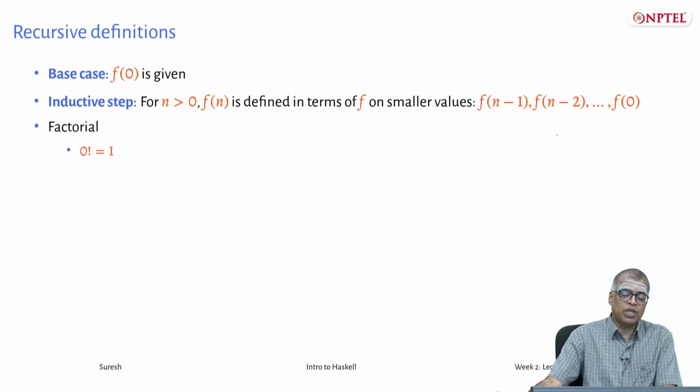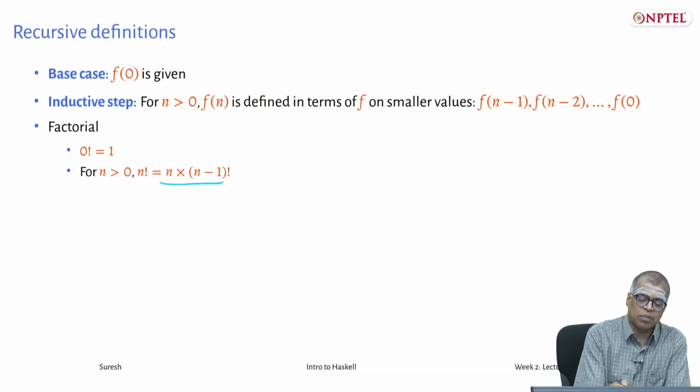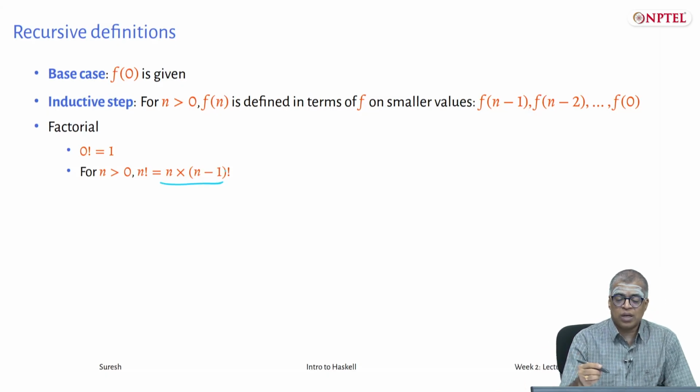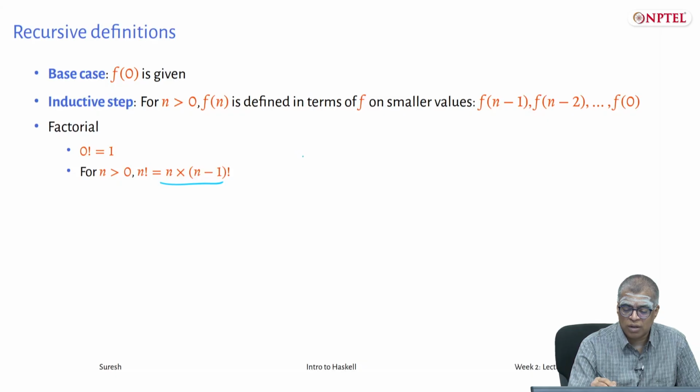A standard example is factorial. Factorial 0 is 1, and for n greater than 0, n factorial is n times n minus 1 factorial. Another example would be the Fibonacci number, or what is more accurately known as the Pingala number. This is 0 for 0, let's say.